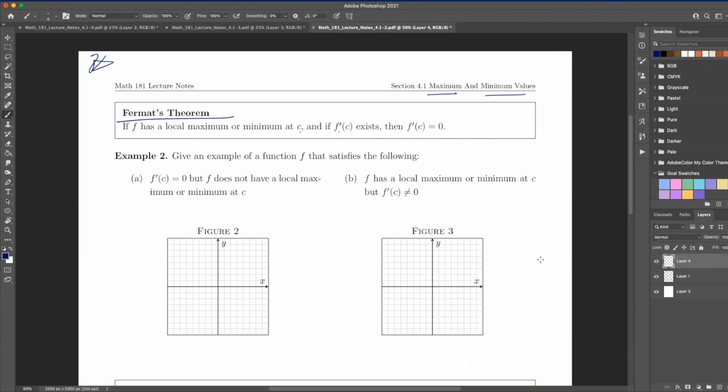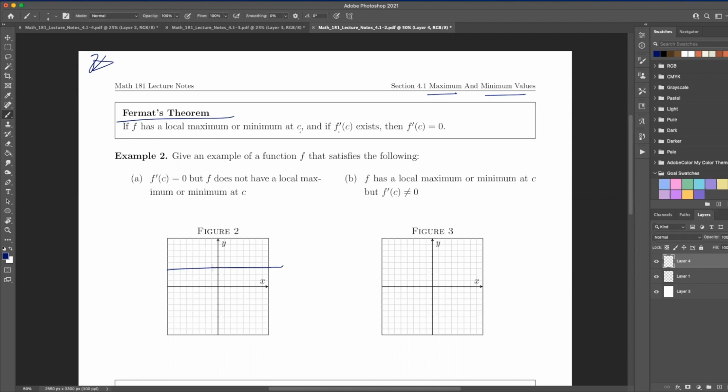Here we want to set up some things for the theorem. So f prime of c equals 0, but f does not have a local min or max at c. One of the things that's possible is, let's look at a line, right?